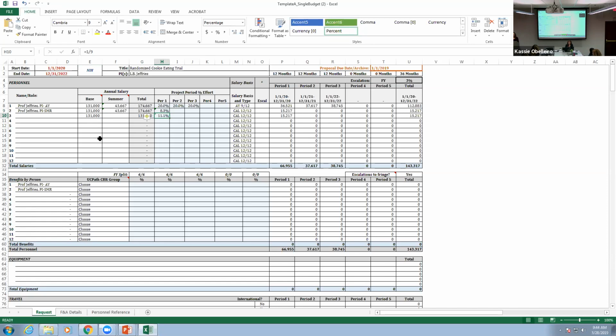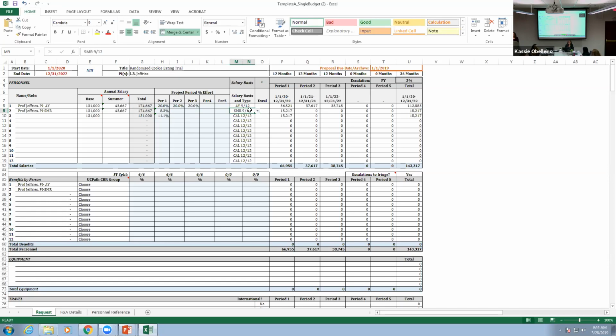It's 1/9 of 131, right? Because when we do summer salary, they can have 1/9. Just by virtue of the fact that this is summer salary, they have more than their base salary, so it's inaccurate effort 11, right? So this is correct. It's 1/12 because this is 12/9 amount of money.